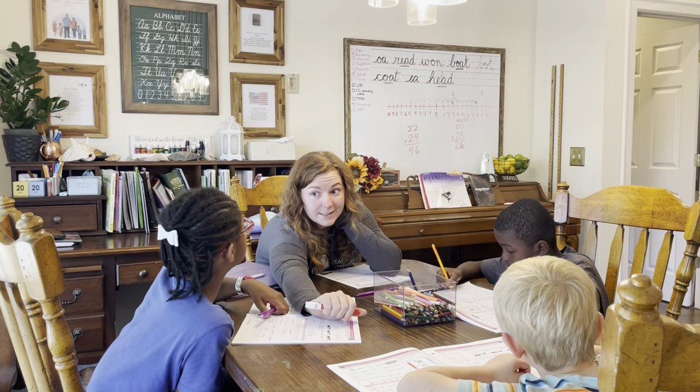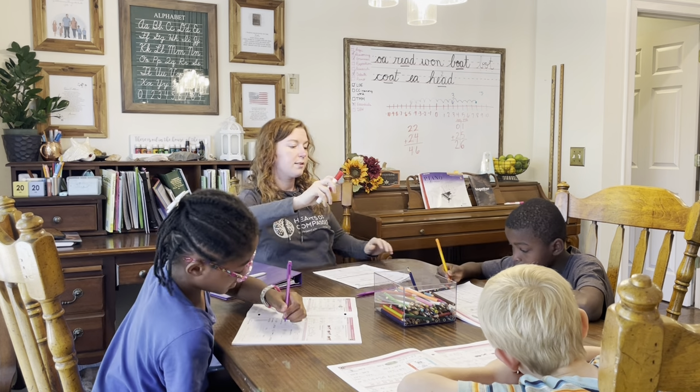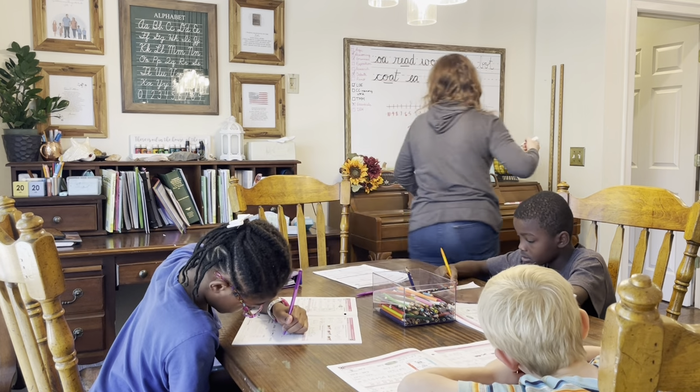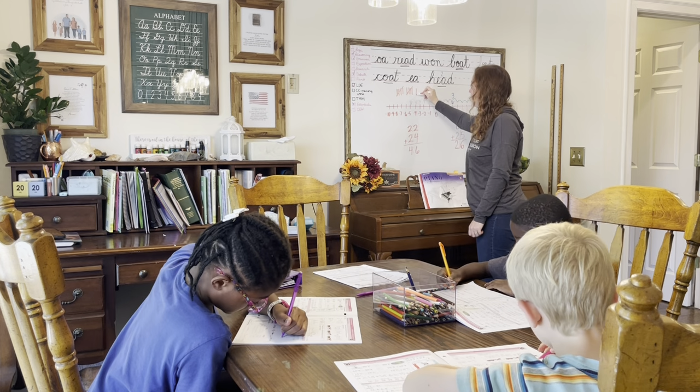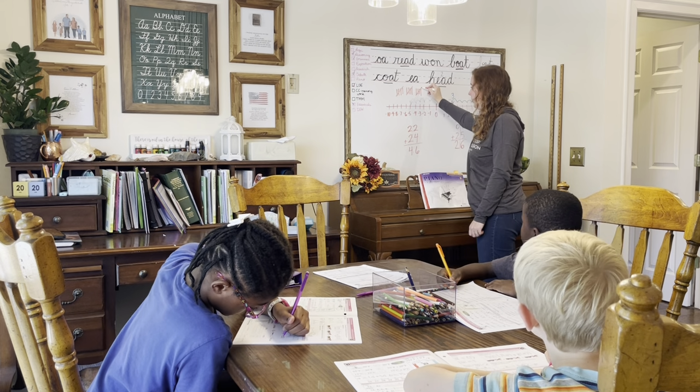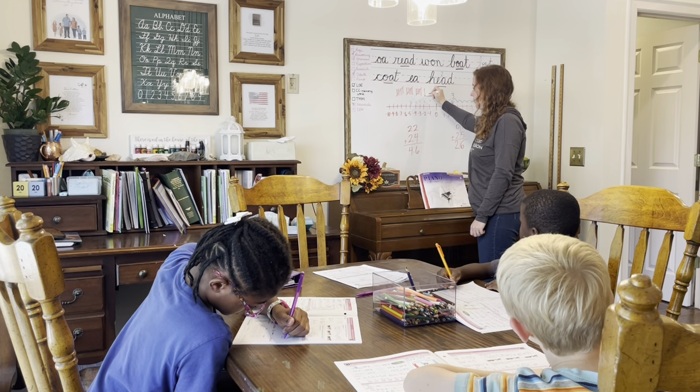So you need to write 16 tally marks. How do we do 16 tally marks? 1, 2, 3, 4, 5, 6, 7, 8, 9, 10, 11, 12, 13, 14, 15, 16.